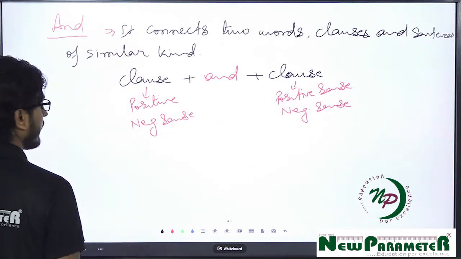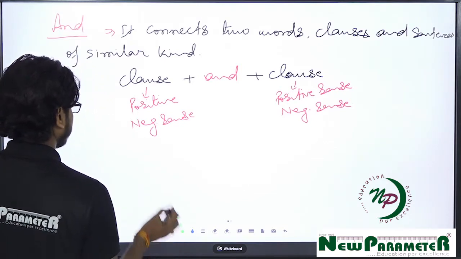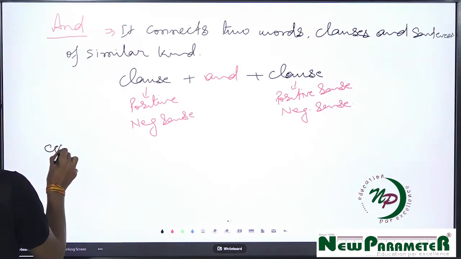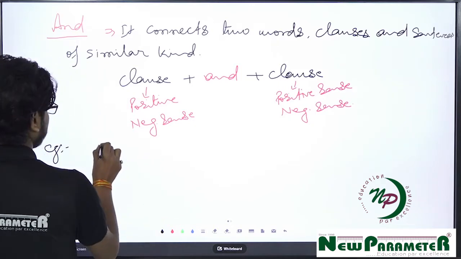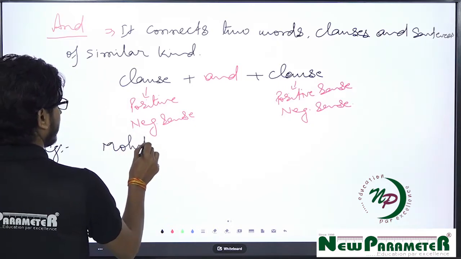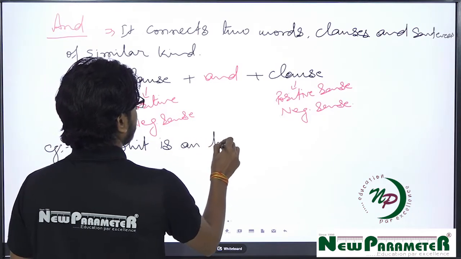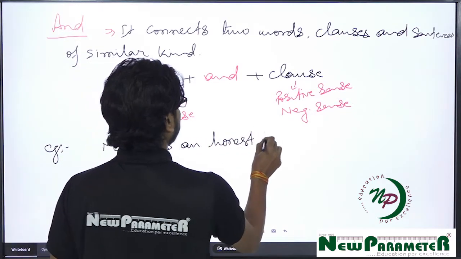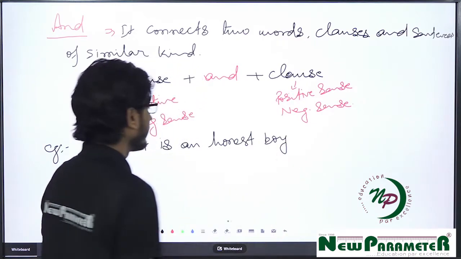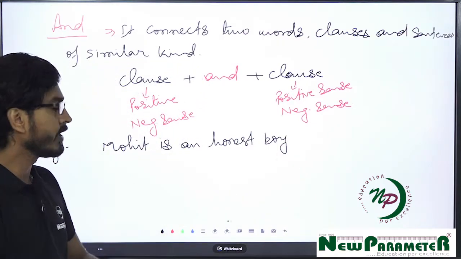Say, for example, Mohit is an honest boy. See, this gives you a very positive sense.